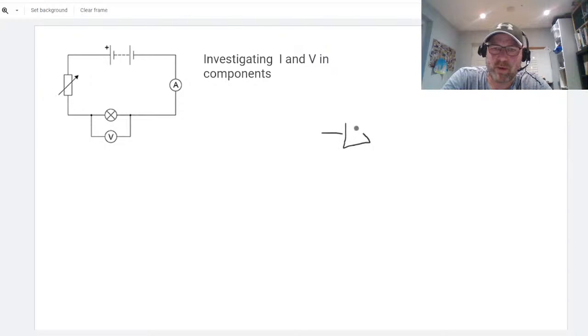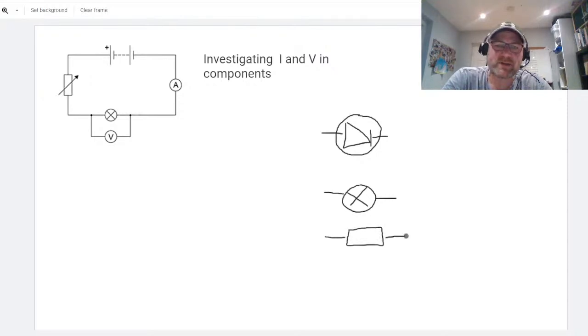Who knows what symbol that is? Anyone know what that is? And I'll draw a circle around it. Anyone know what this symbol is? Yeah, diode, and this one is a resistor.